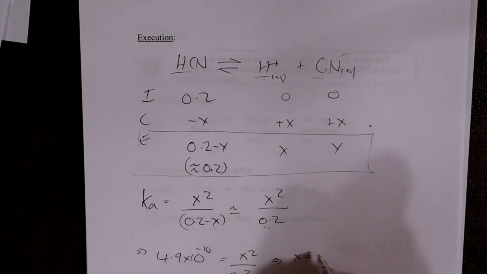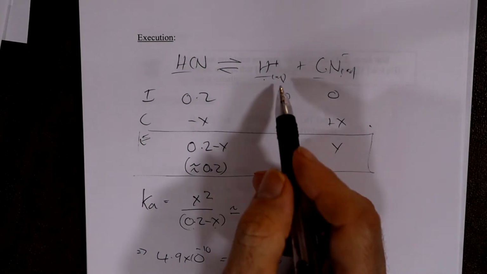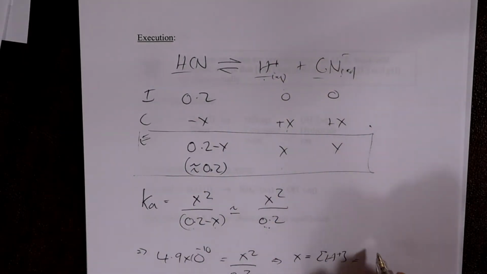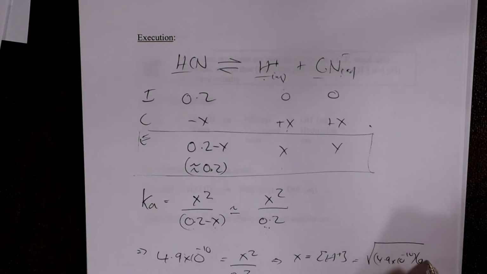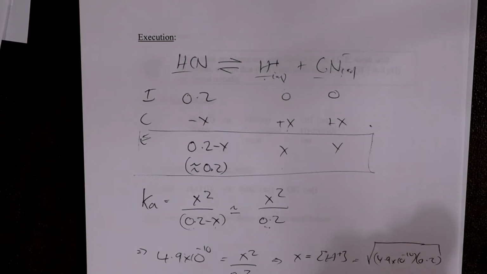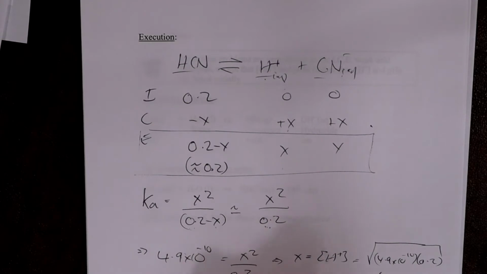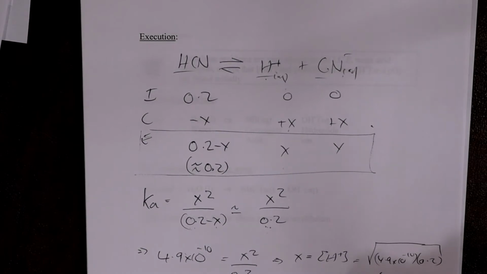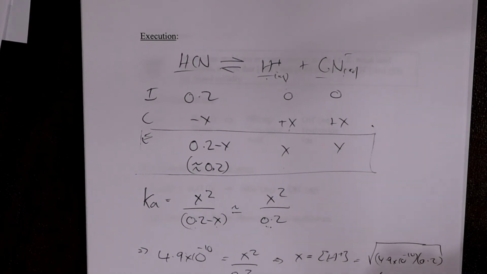Therefore, x equals H plus, which is what we're after, which equals this times this, square rooted: 9.9 times 10 to the minus 6. Therefore, pH equals minus log of H plus, minus log of 9.9 times 10 to the minus 6, which equals 5.0.